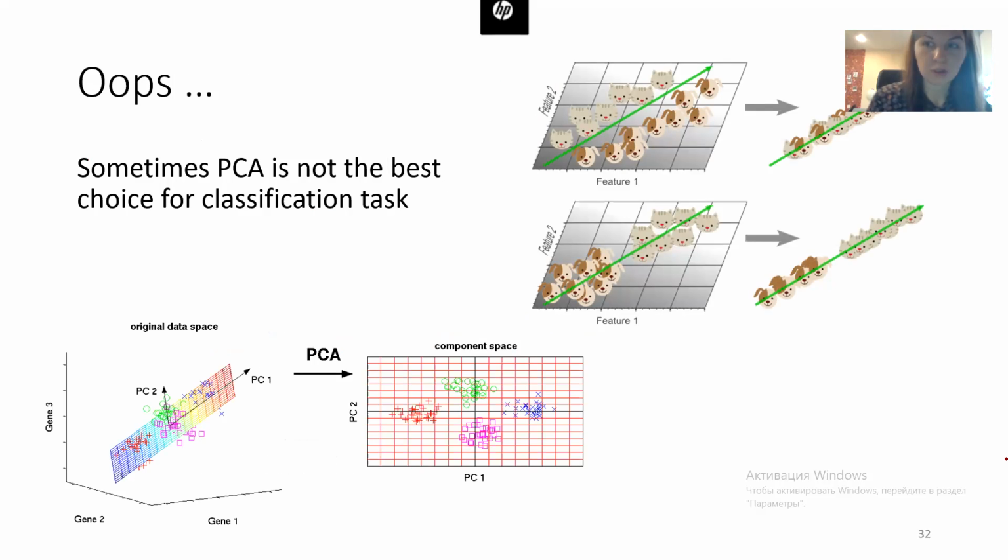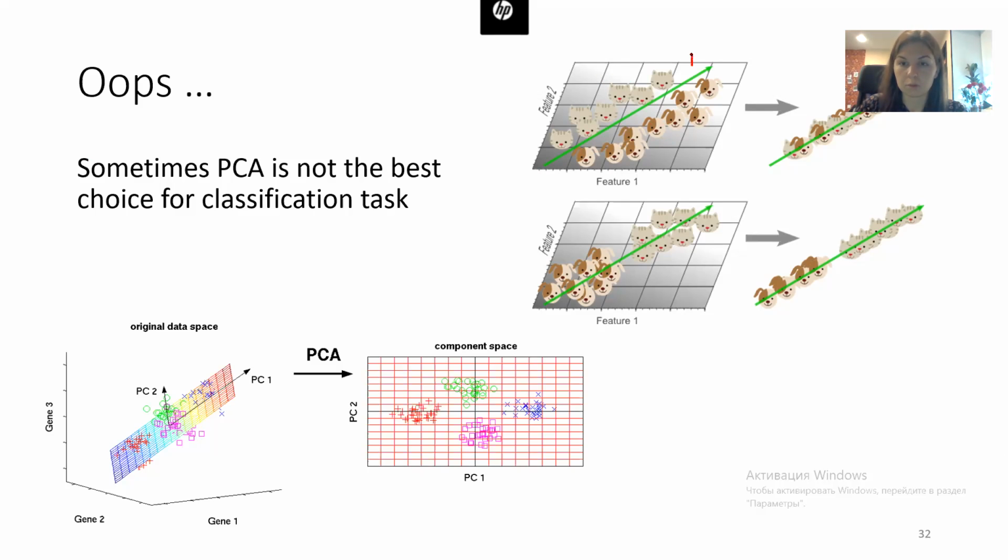Principal components are sometimes not the best solution, and you need to understand the limitation. When you have a classification task, you need to classify objects into 2 groups. In our example, it will be cats and dogs. You transform your original data space into the space of principal components.